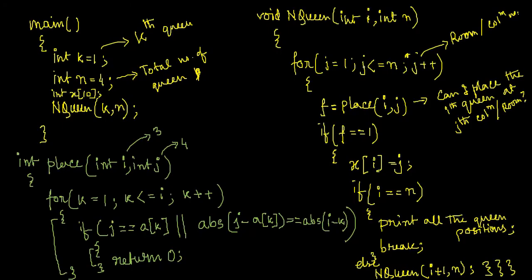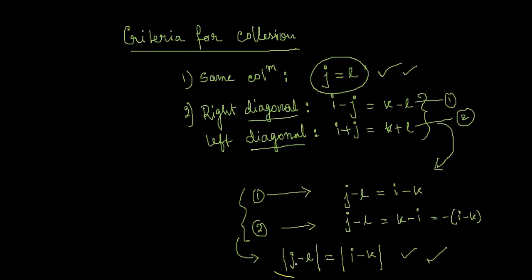If this particular condition is satisfied, that means surely there is a collision of the ith queen with the kth queen because of the same column, which is not expected. Similarly, if we consider this j minus L and i minus k, this is the criteria for collision in a diagonal.